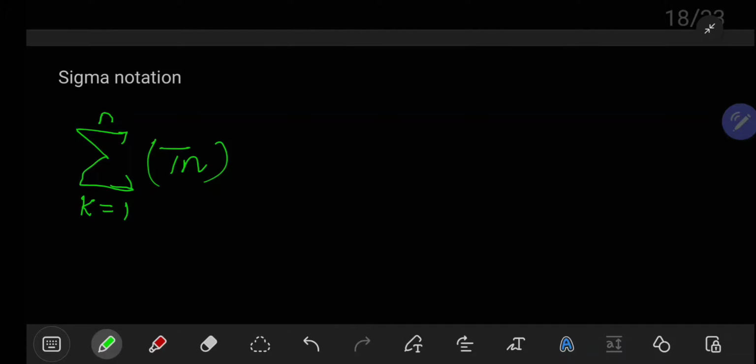One thing you should know, or the three things you should know when you are given a sigma notation: sometimes you'll be given this, and then they just say evaluate. When you have to evaluate this, the first thing you have to do is to expand your formula, or at least find the first three terms of the sequence.